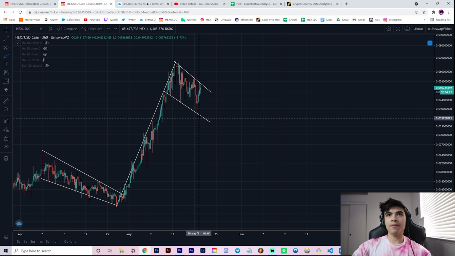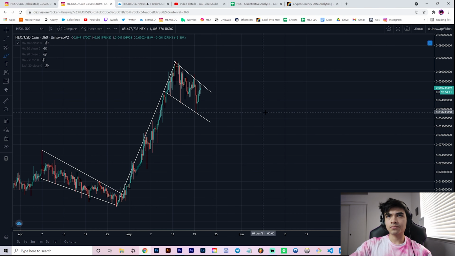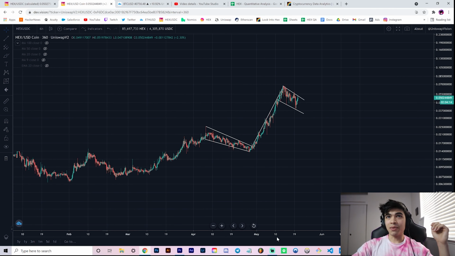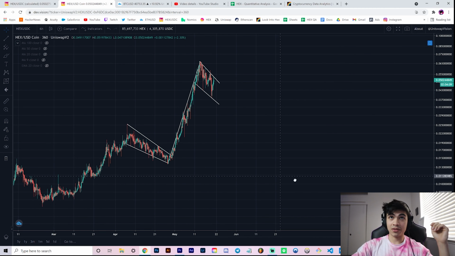Whereas if we come back down here, then I think there's a higher likelihood we break to the downside. So it's kind of circular, right? If we're at the bottom of the channel, it's kind of bearish. If we're at the top, it's kind of bullish. So that's my take on this. I think it's looking good.